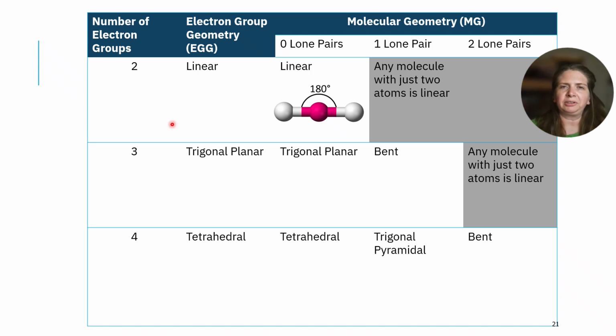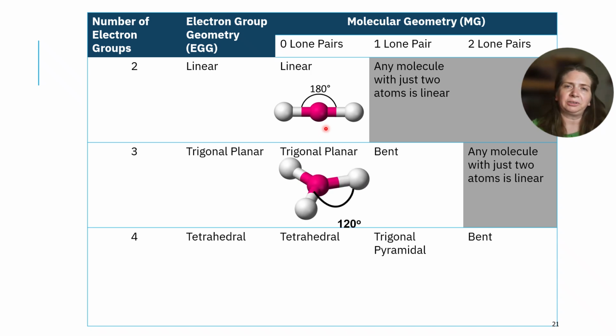For 2 electron groups, the electron group geometry is linear. Whenever there are no lone pairs on the central atom, the molecular geometry has the same name as the electron group geometry. In a linear molecule, the atoms are spread as far apart as possible, resulting in a bond angle of 180 degrees.